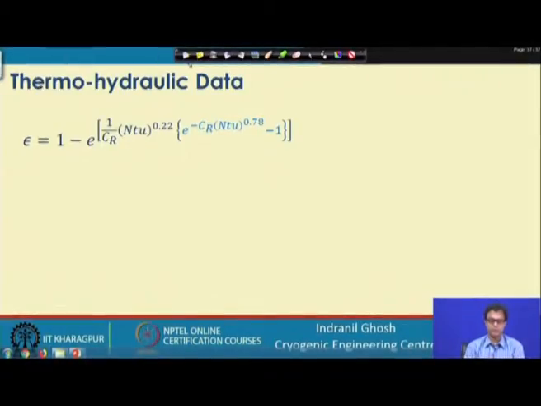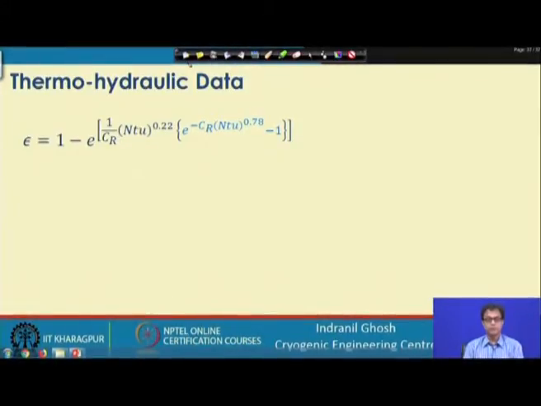If we look into the temperature differences, we do not know exactly what the temperature difference is, because we are trying to find out the exit temperature. So, we do not have knowledge about the temperature differentials at the entry and exit, and we will not be able to apply the LMTD. We can assume some exit temperatures, but that will always give you an iterative solution. So, we will not go into that.